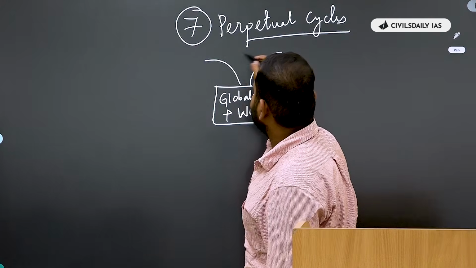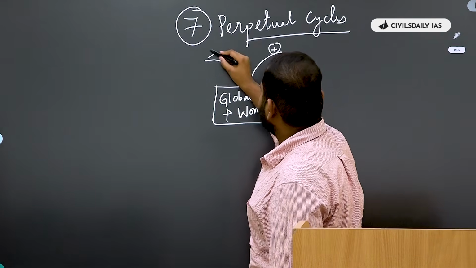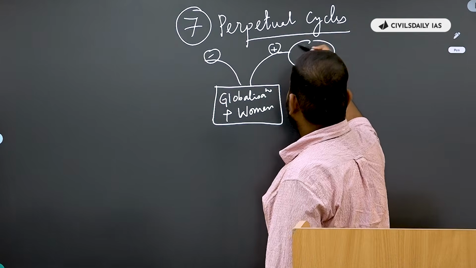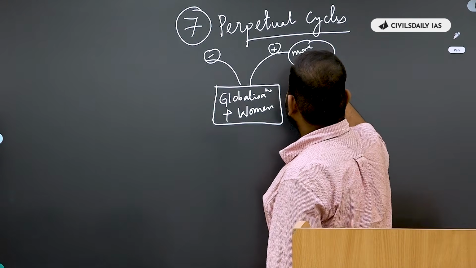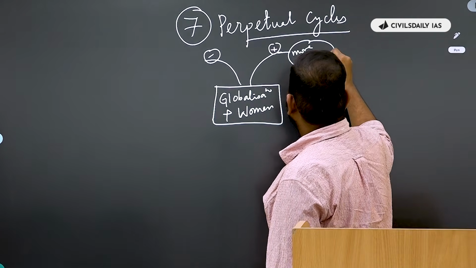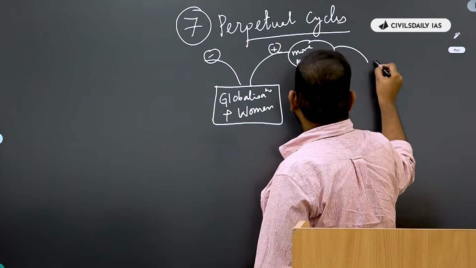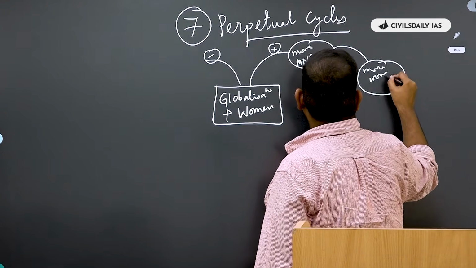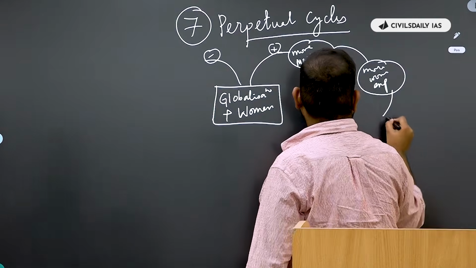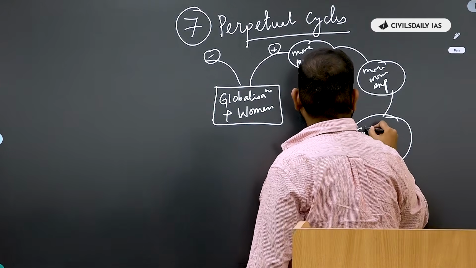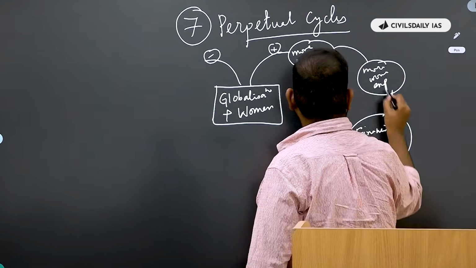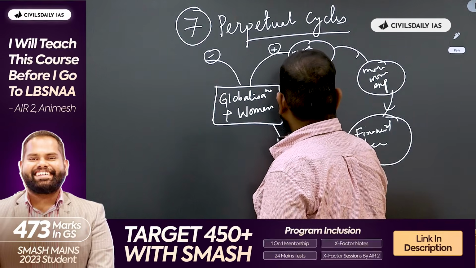One is a positive and one a negative part. So we show that in the globalization positive part, more MNCs and FDI, more women employment, and financial freedom, and then we show empowerment.